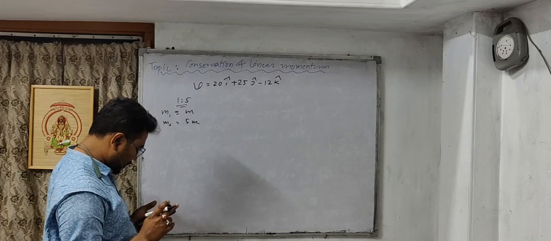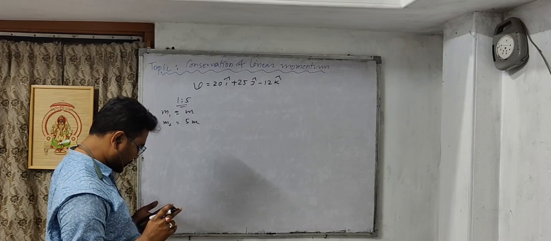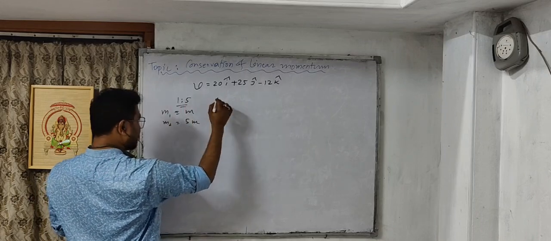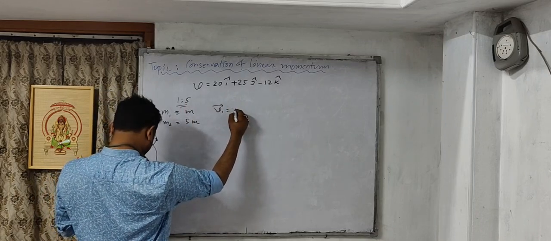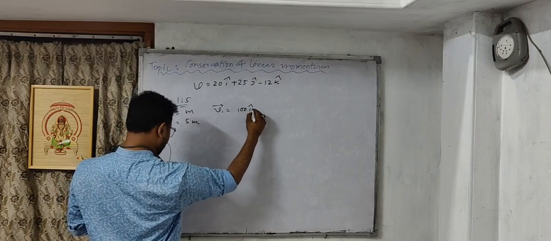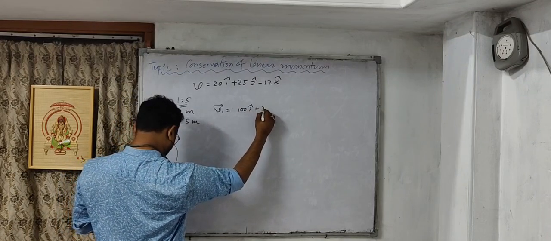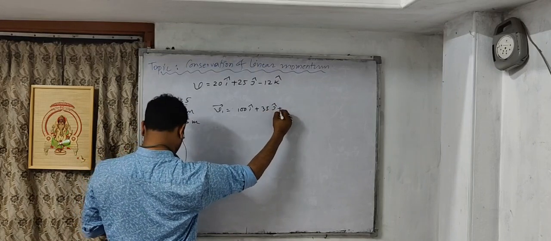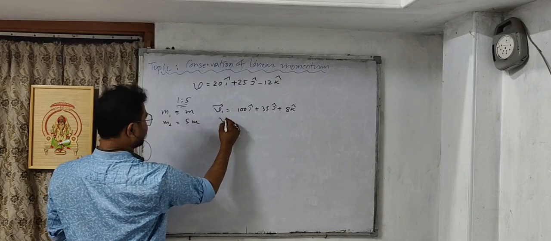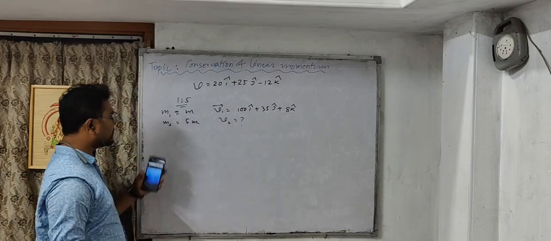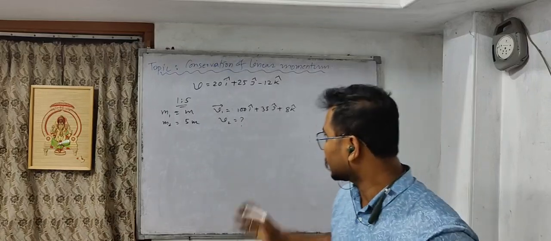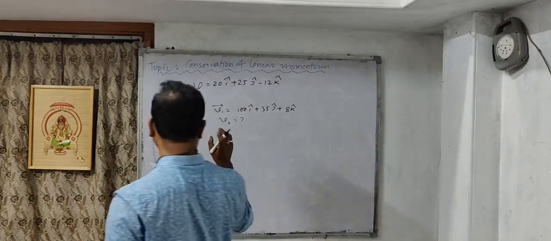Now the smaller mass flies off with a velocity v1 equal to 100i plus 35j plus 8k. You need to find v2, that is, at what velocity the bigger piece will move after breaking.